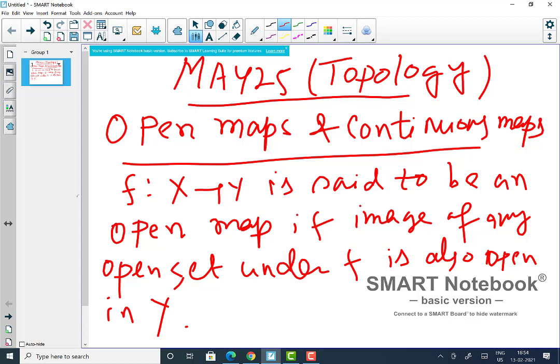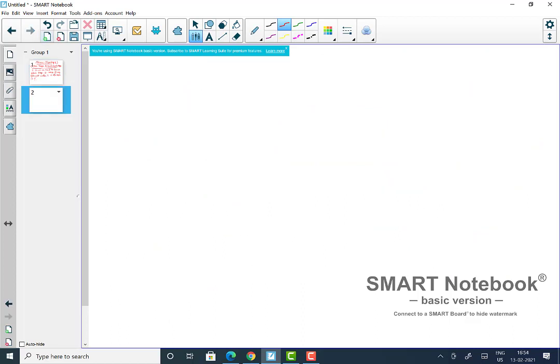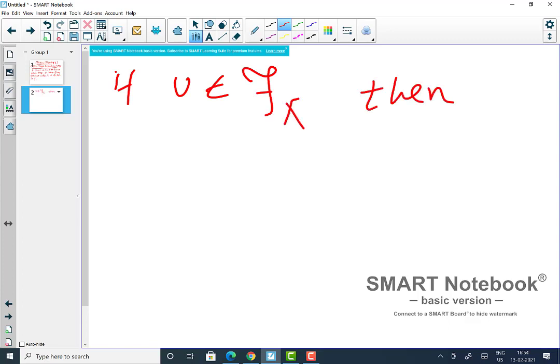So what does that mean? That means if U belongs to the topology of X, then f of U, this is a subset of Y obviously, but this is not only a subset, this is an open subset of Y. This is the meaning of open maps. Maybe I can give an example.